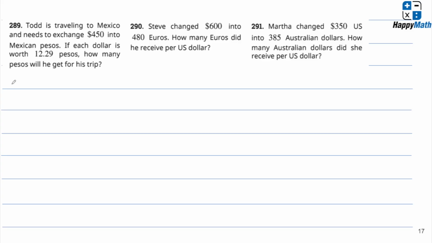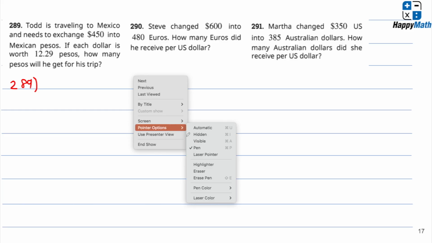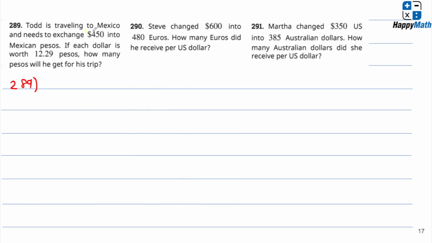Next question, 289. Exchange something like this. Exchange this dollar into the Mexican pesos.